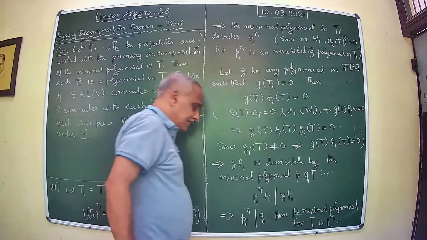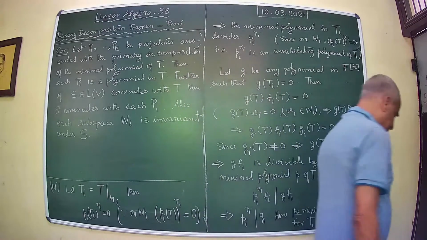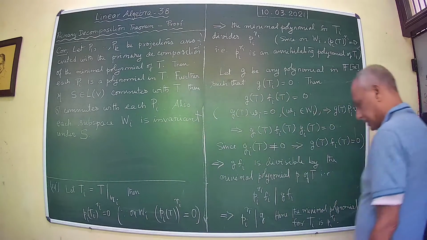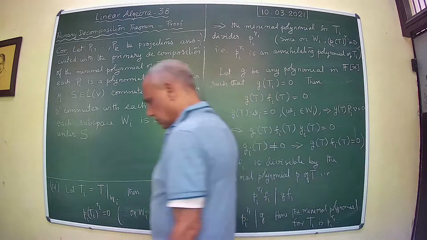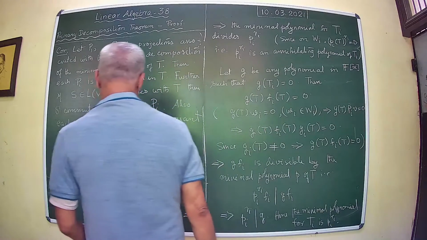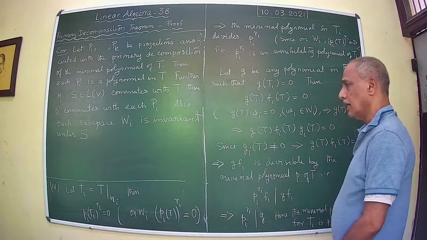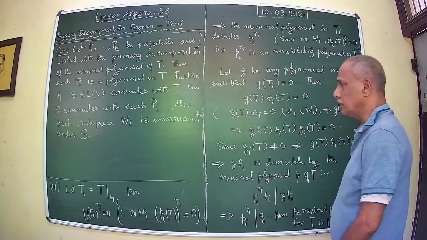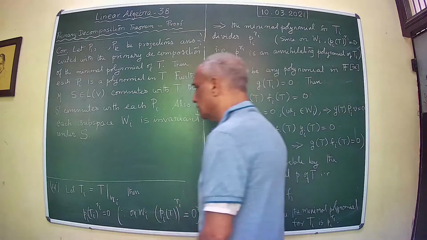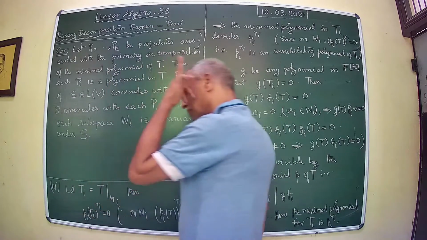Because E commutes with S, it follows that the range space of E is invariant under S. That we have to do.